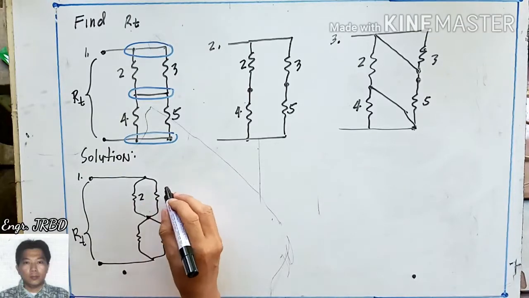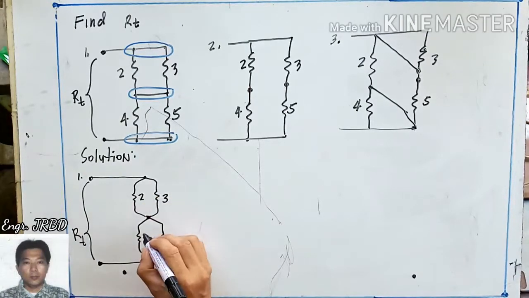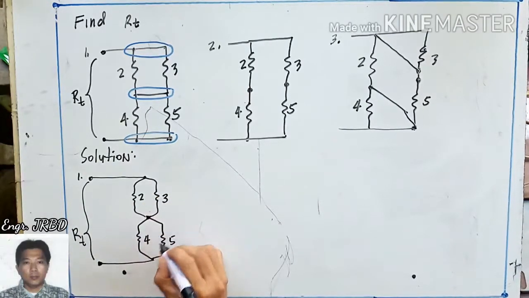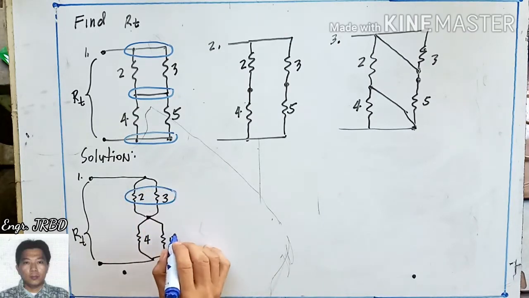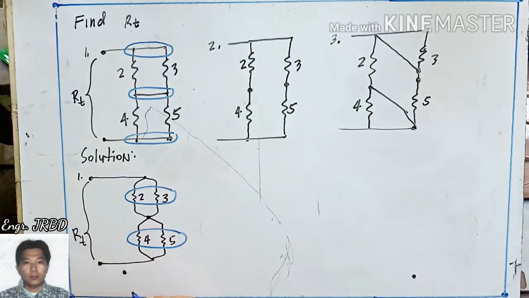This is our 2 ohms, 3 ohms, 4 and 5. So you can now analyze and recognize which ones are connected in parallel and in series. 2 and 3 are in parallel, 4 and 5 are also in parallel.